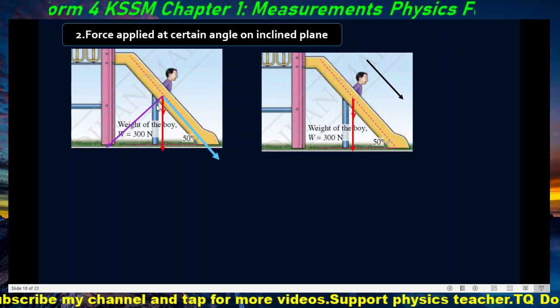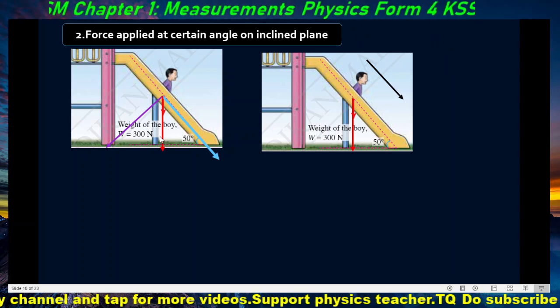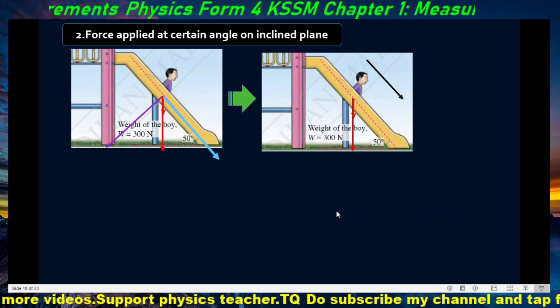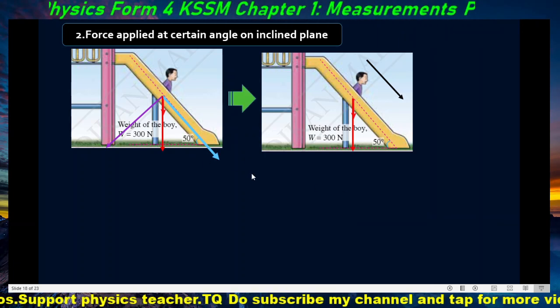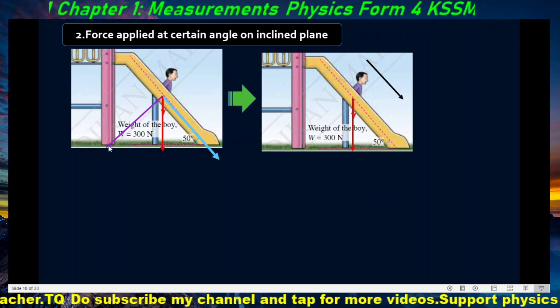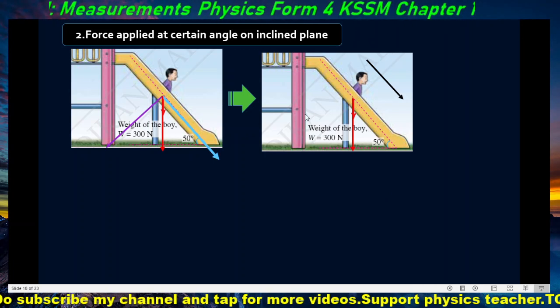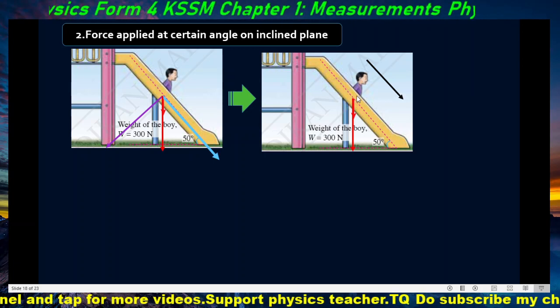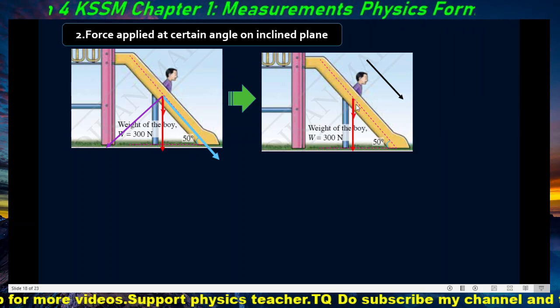Now I just draw the components of weight for the resolution. So we have the component of weight parallel to the plane and the component of weight perpendicular to the plane. In this case, the force that caused the boy to slide down is the parallel component of weight.